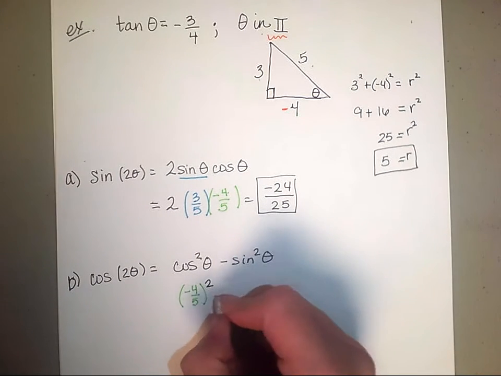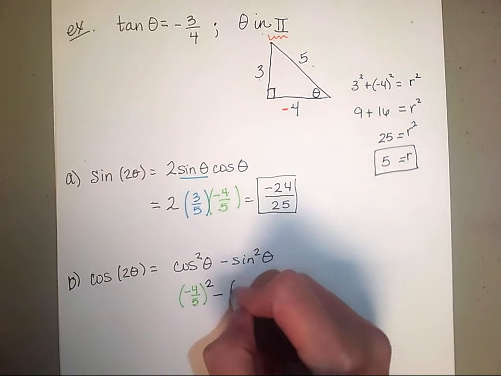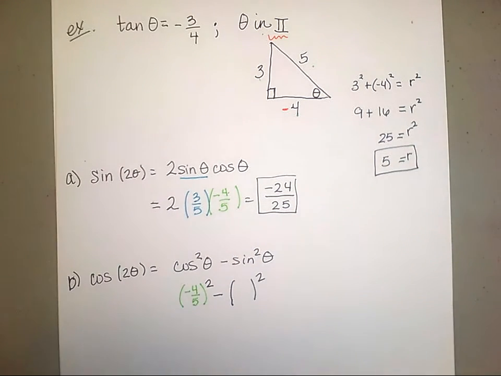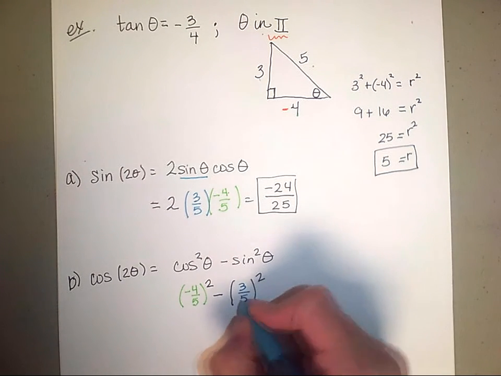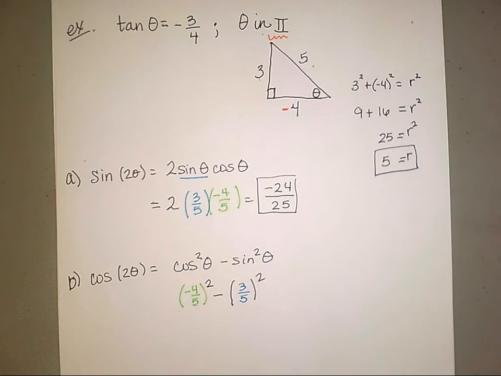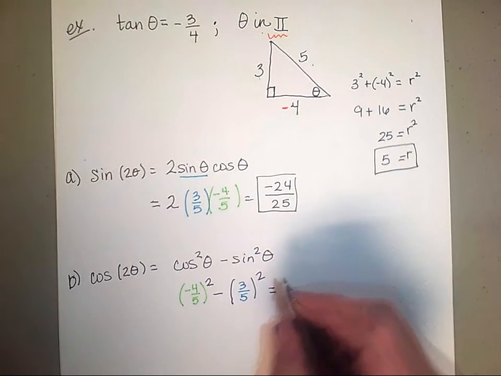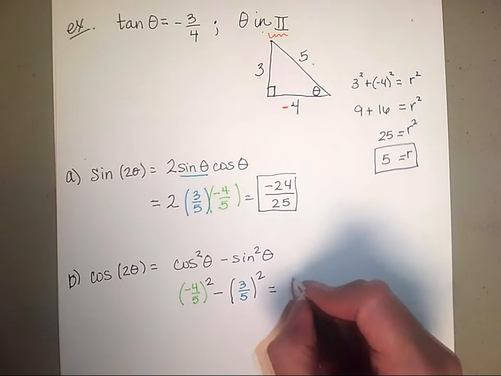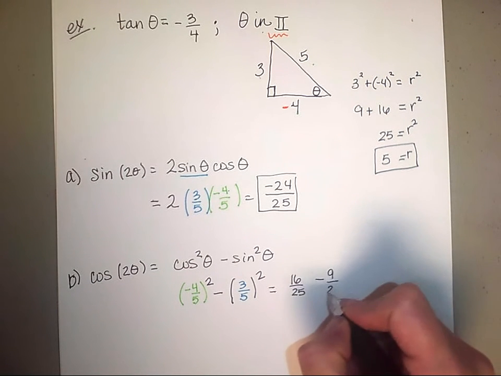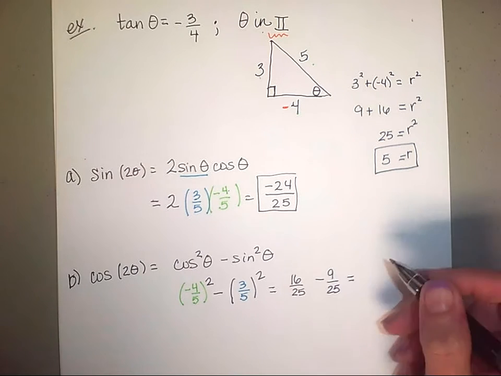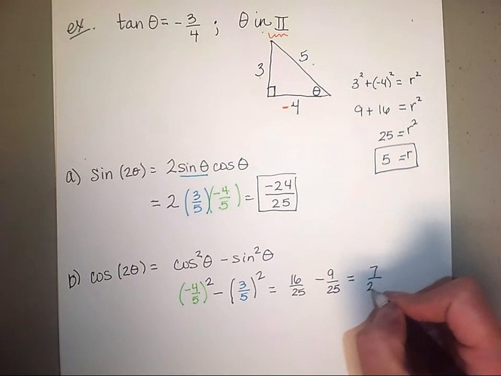That needs to be squared, and we'll subtract off the sine squared. But sine is 3/5. And now we can simplify. Negative 4/5 squared is positive 16 over 25. Minus 3/5 squared is 9 over 25, which is just 7 over 25.